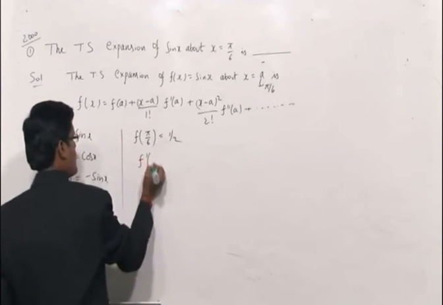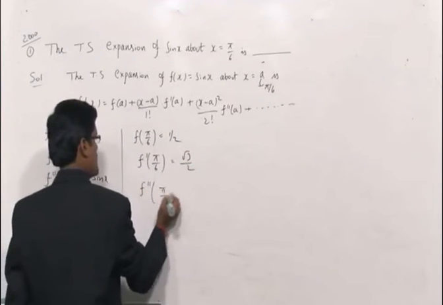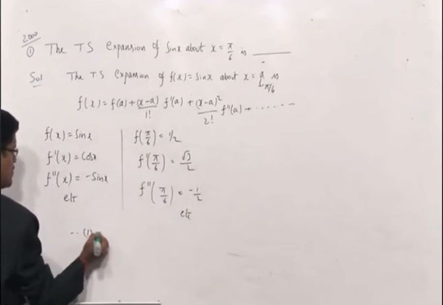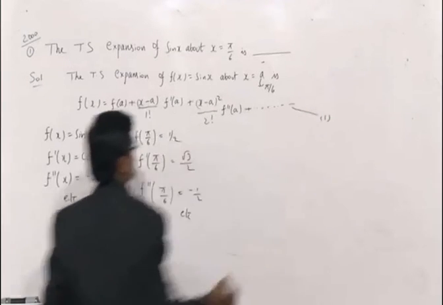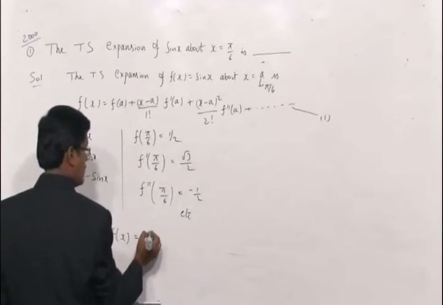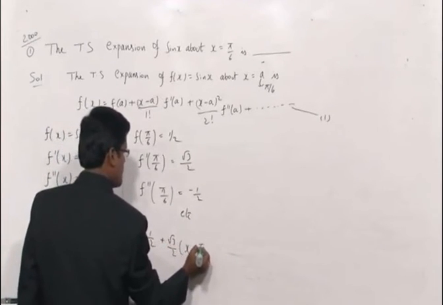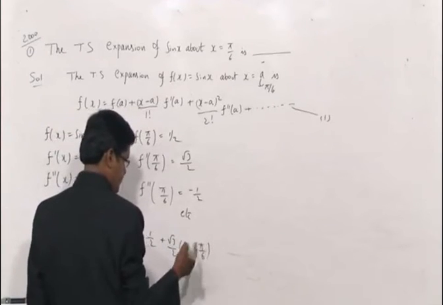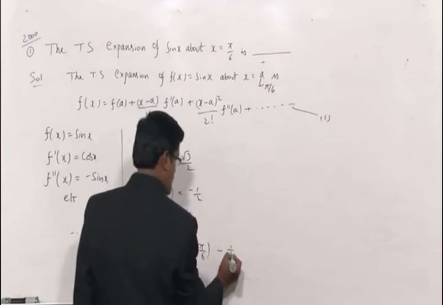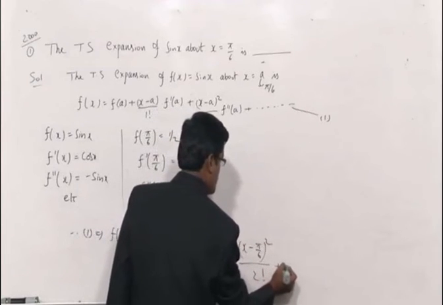So f(pi by 6) is 1 by 2, f dash pi by 6 is root 3 by 2, f double dash pi by 6 is minus 1 by 2, etc. Therefore, equation 1: f(x), that is sin x, is equal to f(a), that is 1 by 2, plus root 3 by 2 times (x minus a), a means pi by 6, divided by 1 factorial, plus minus 1 by 2 into (x minus pi by 6) whole square by 2 factorial, and so on.